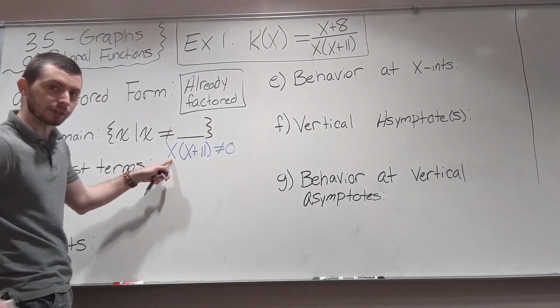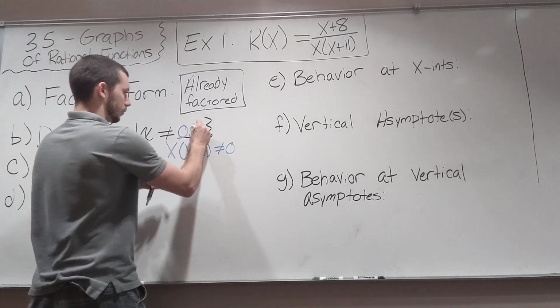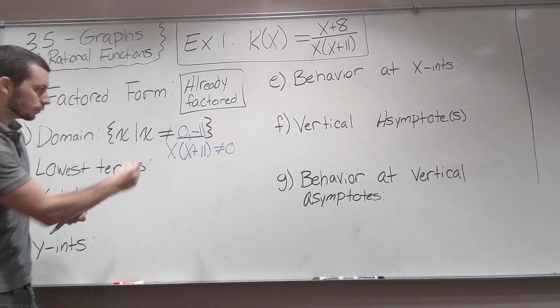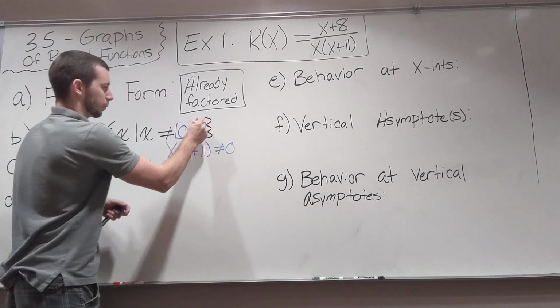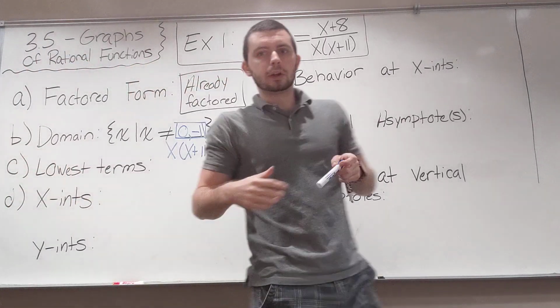In particular, we get 0 and negative 11. And this would be your answer for this part. So far it starts off very tame, and we move on.